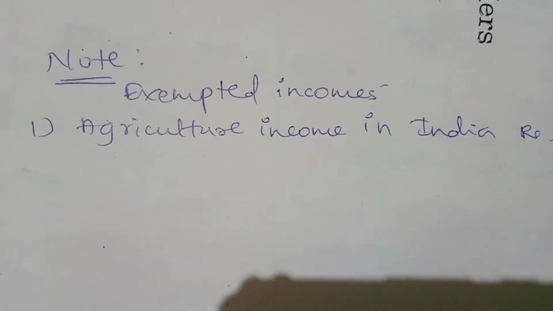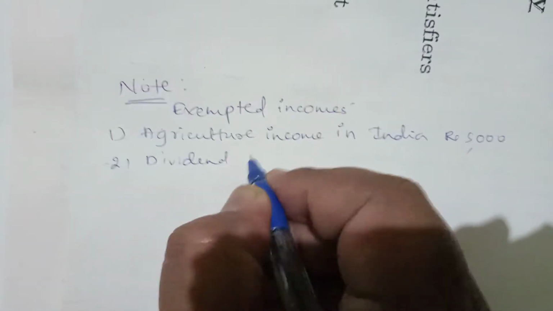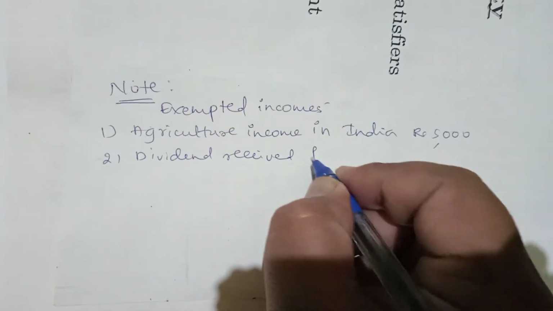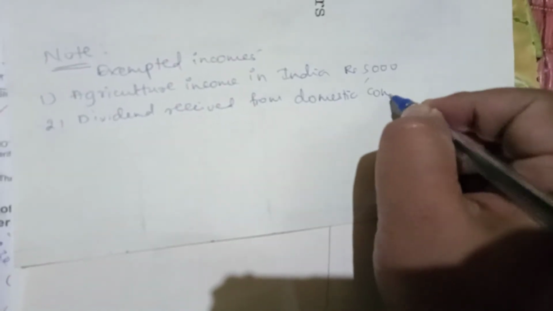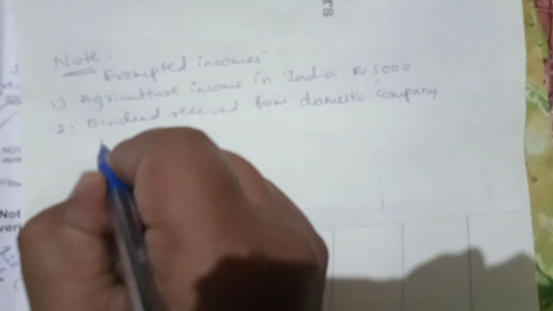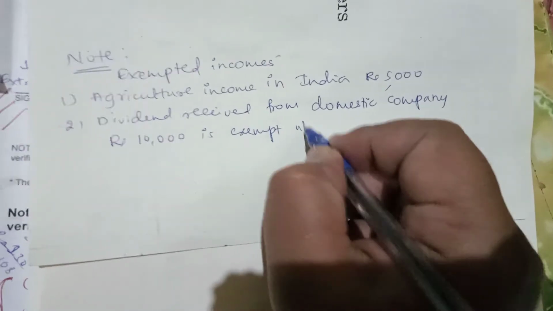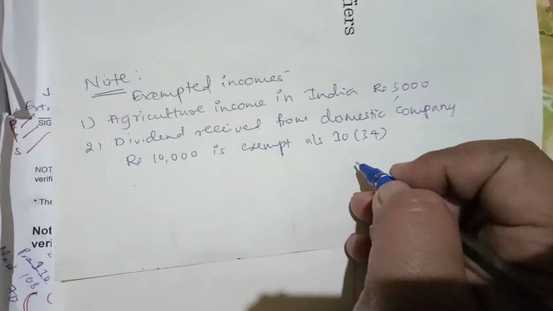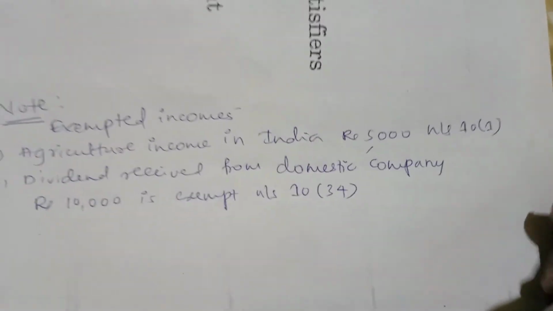That is why under the exempted income, below this you need to write the exempted incomes, and you need to write: dividend received from domestic company rupees 10,000 is exempt under section 10 subsection 34, and this is under section 10 subsection 1.